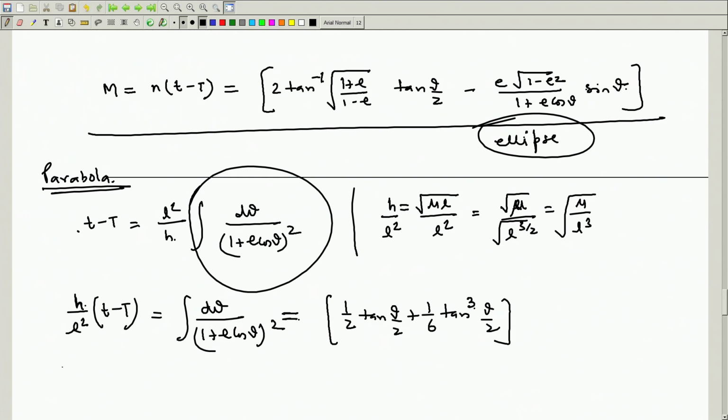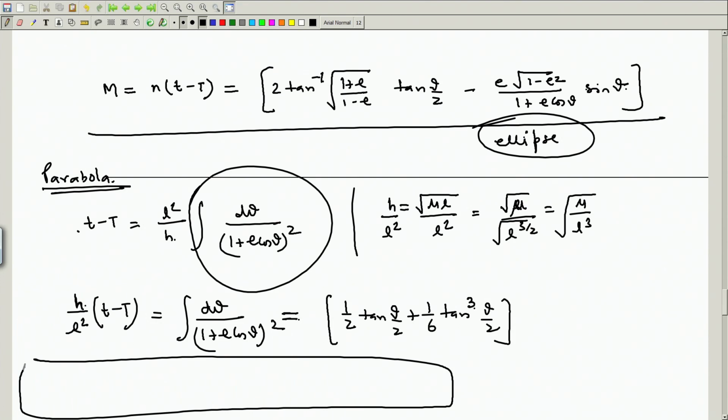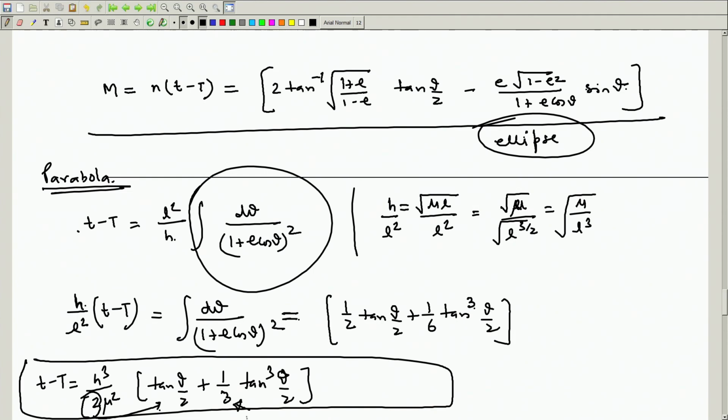Okay. So, earlier we have written the equation, just I will repeat there. We have written t minus tau equal to h cube divided by 2 mu square, and then tan theta by 2 plus 1 by 3 tan to the power cube theta by 2. So, these two we are now taking inside. So, this becomes 1 by 2 and this will become 1 by 6.